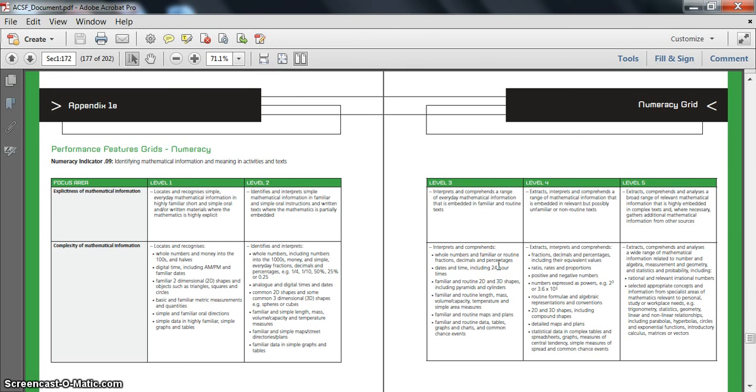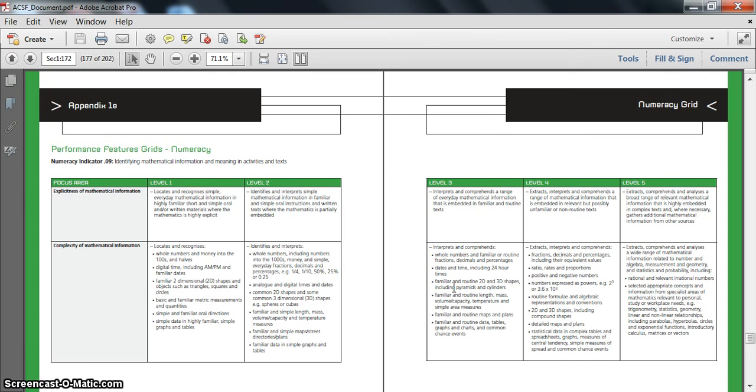So if in this concept of numeracy, they don't understand the concept of digital times, they struggle with maybe volume, capacity, or temperature measures, if they have some gaps here, even though they might be able to do some of the other concepts here, then it means that they're a level 2 and they need assistance in those specific concepts to then get to the level 3.